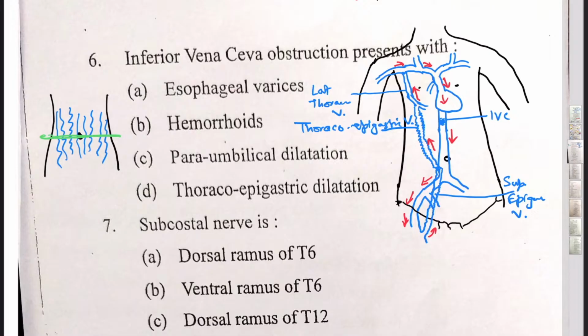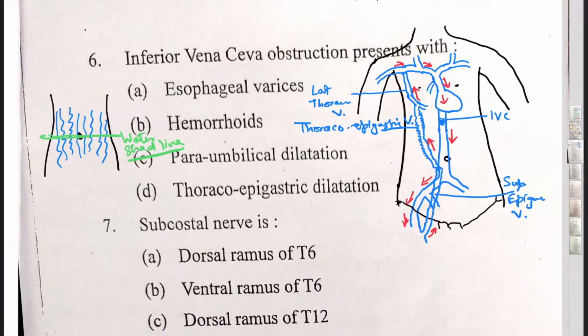So there is this watershed line. This is followed in regular circulation as well as in the caput medusae formed by portal hypertension. There also this watershed line is obeyed.